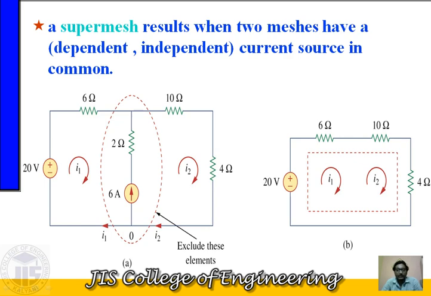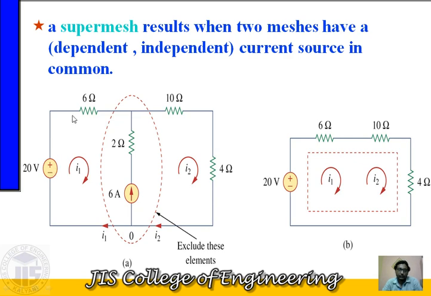If the circuit contains a current source, then we can't simply consider that branch within the mesh. For this given circuit, if we consider this closed path, it consists of a 6 ohm resistance, a 2 ohm resistance, a 6 ampere current source, and a voltage source.